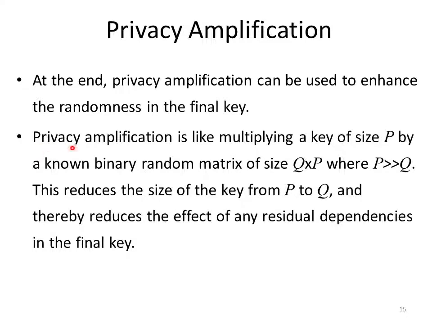So the privacy amplification is like multiplying a key of size p by a non-binary random matrix of size q times p, where p is larger than q. And this reduces the size of the key from p to q, but thereby reduces the effect of any residual dependencies that may exist in the final key.